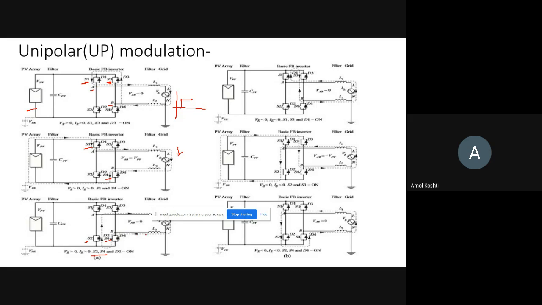Current will flow from L2 to S4, from S4 to S2, from S2 to point A, and from A through L1 to the grid. Again the PV system is not connected to the load, so at this time the zero output will be produced for some interval.